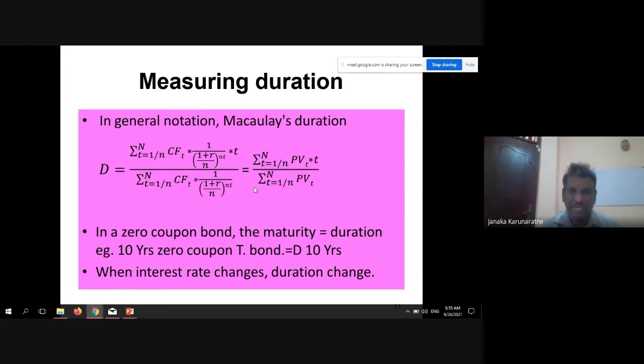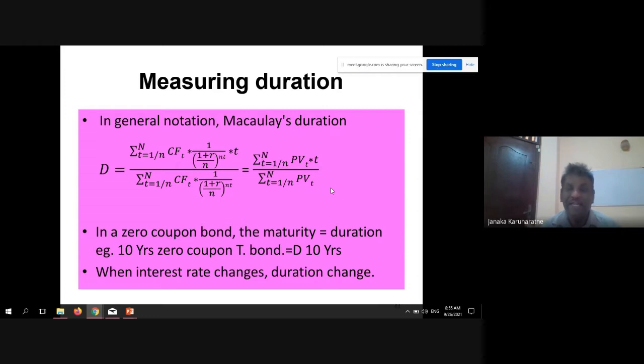So can anyone tell the bottom part, the denominator, when you take the present value of cash flows in a financial instrument, what is the meaning of that?